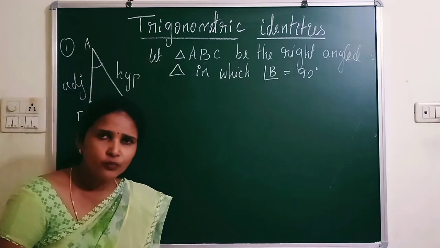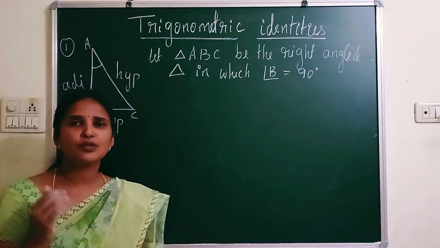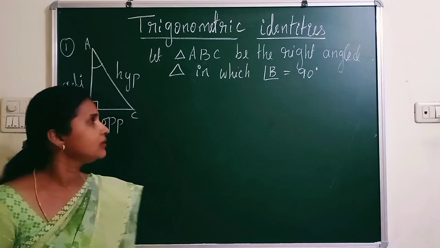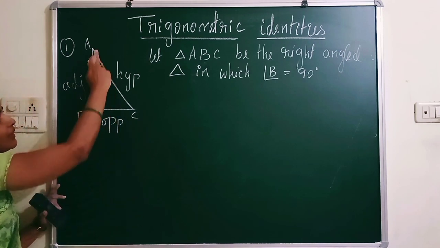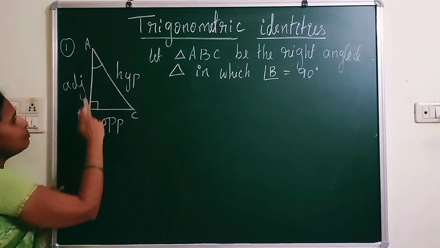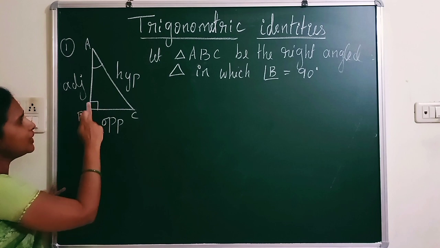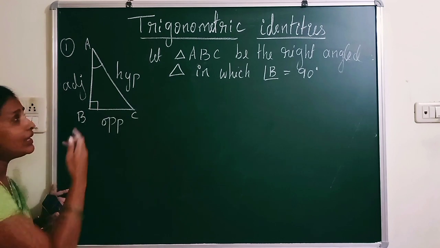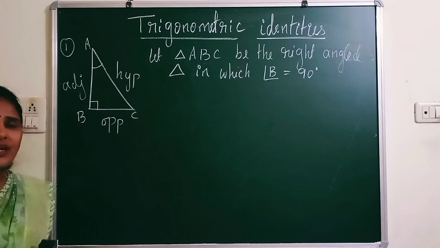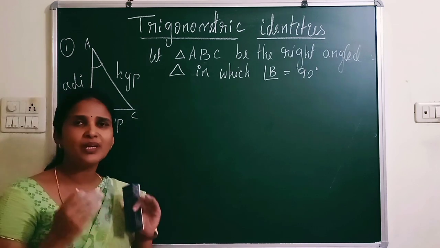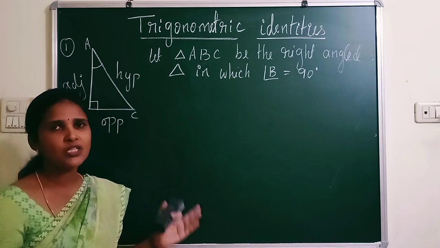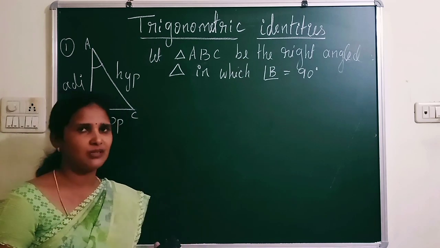Now let us prove the first identity, that is sin square plus cos square equal to 1. Let us consider a right angled triangle ABC where angle B is 90 degrees. I am considering A as the acute angle. According to the acute angle, you can decide what is adjacent and opposite. The hypotenuse is fixed, the longest side.